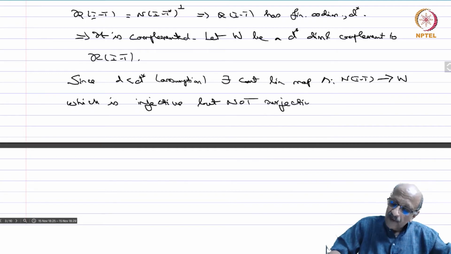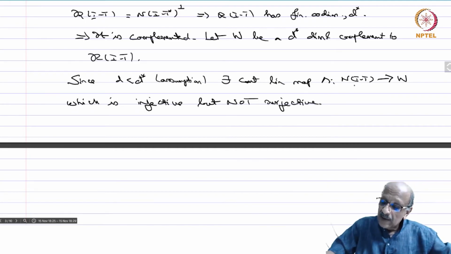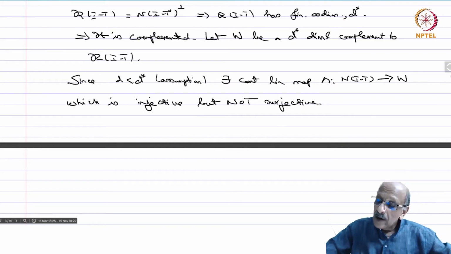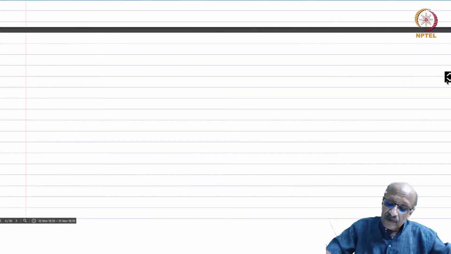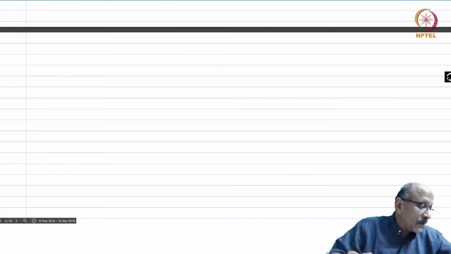You cannot have a surjective map because this has smaller dimension than the other one, and therefore you can have a map which is injective but not surjective. Map a basis to a part of a basis here.